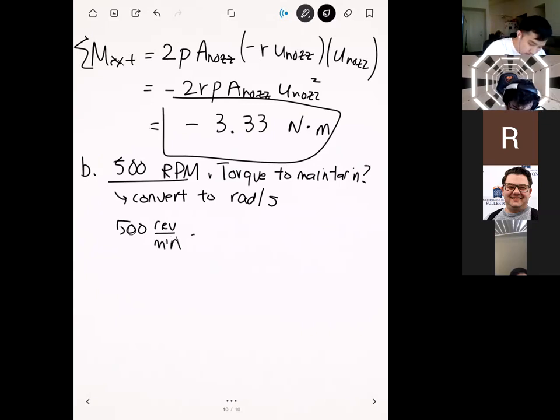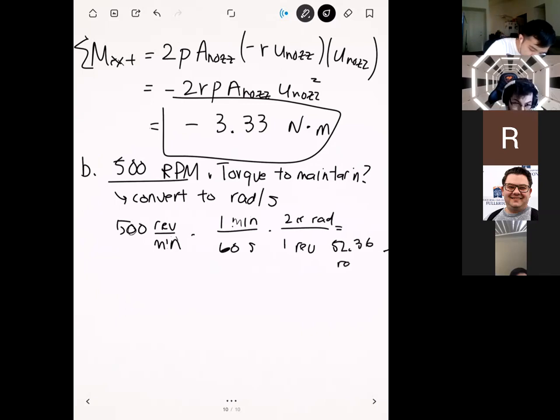First, we're going to convert the minutes. So we have 1 minute over 60 seconds. Okay. And then we're going to convert the revolutions to radians. We have 2 pi radians over 1 revolution. Okay. And this is equal to 52.36 radians per second. Okay. So this will be a little bit more convenient for our problems.